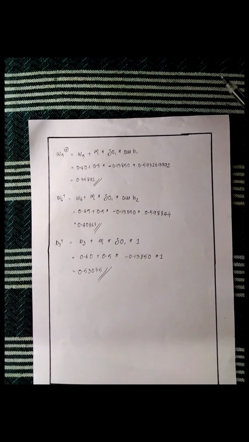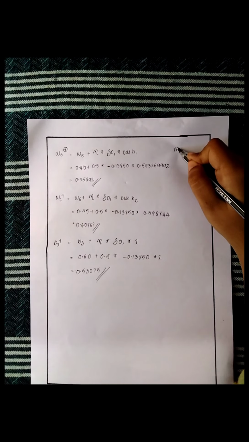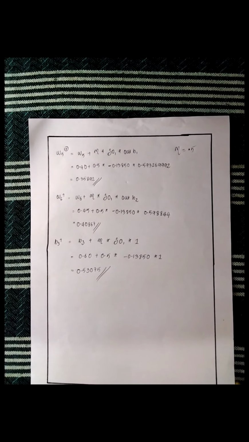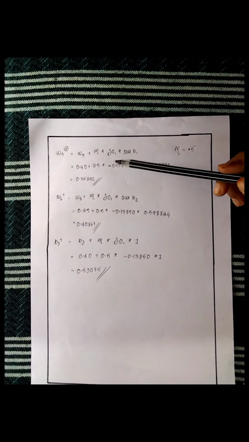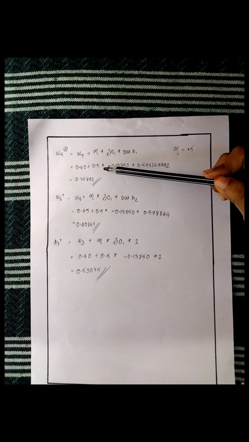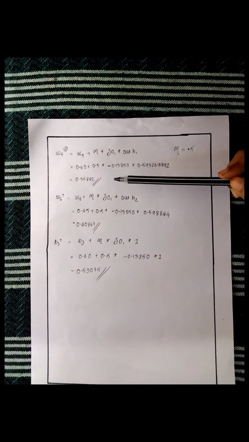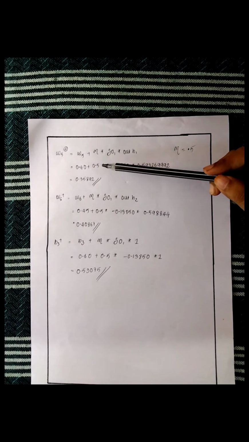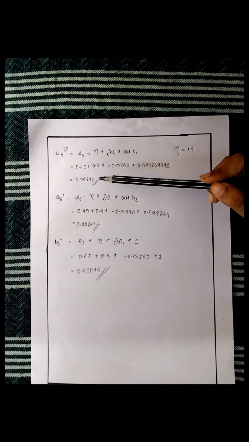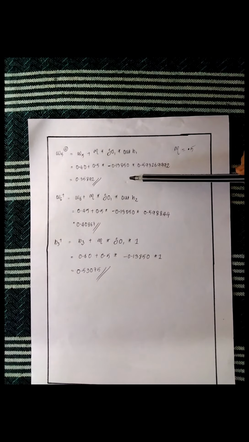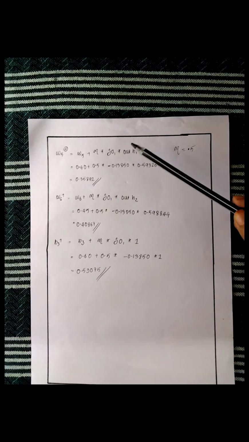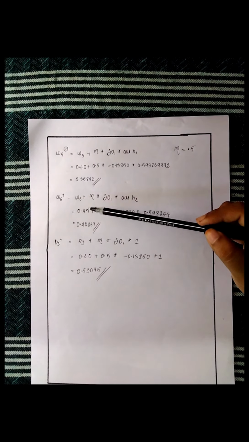Here we assume the learning rate as 0.5. So learning rate into delta O1 into out H1: 0.40 plus 0.5 into negative 0.13850 into 0.593269992 is equal to 0.359892. So we get a new weight 5 of 0.35962.